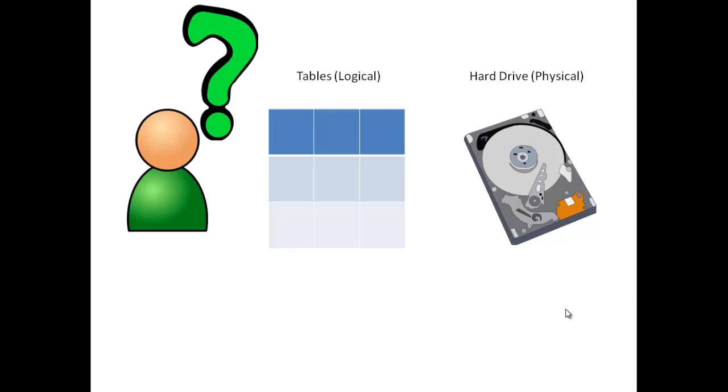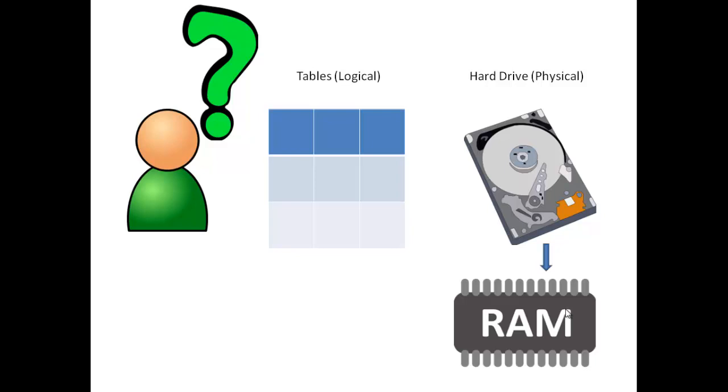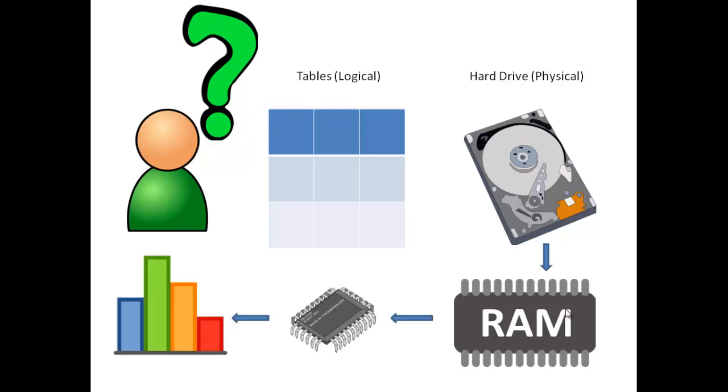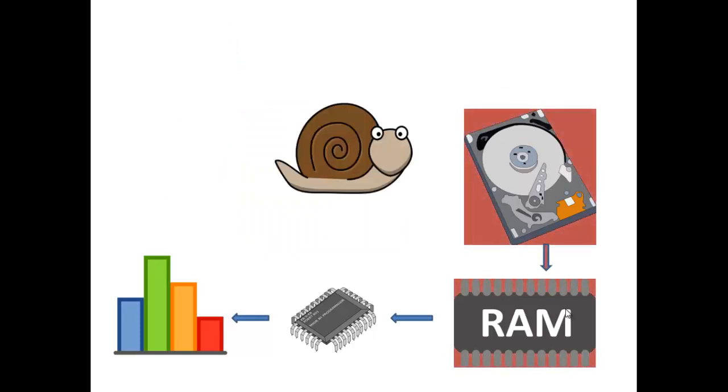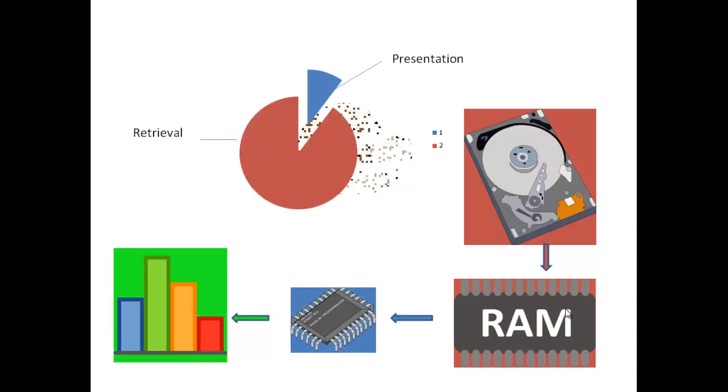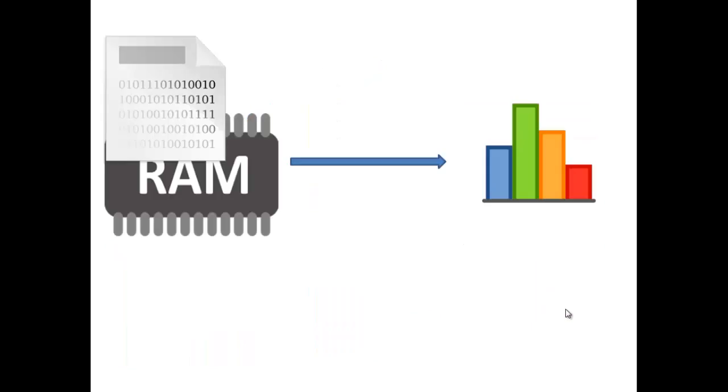So if a user has an informational query, the data has to be retrieved from the hard drive or from the physical storage to RAM or memory, and loaded into processor cache, and then be presented in the form of a formatted report. If you look at this whole process, most of the delay is because of the data retrieval. In fact, about 90% of the time is taken by retrieval, and less than 10% is taken to present in the form of a report.